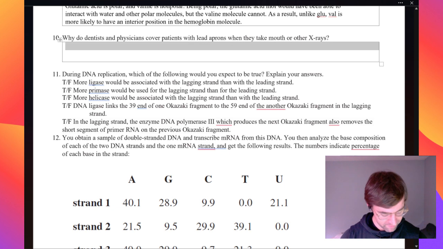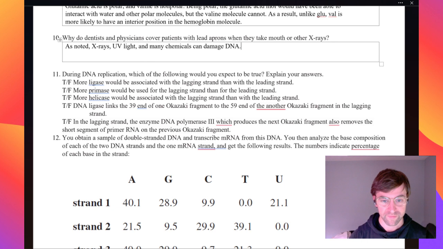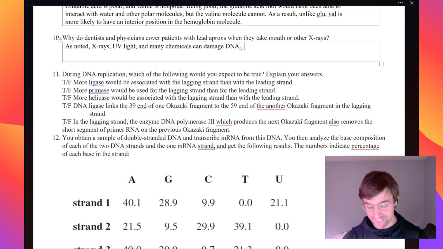So, as noted, X-rays, UV light, and many chemicals can damage DNA. Such damage can result in point mutations and base substitutions, and as we pointed out, deletions and insertions, all of these can have really profound effects in the ability of that DNA to replicate as desired, right?